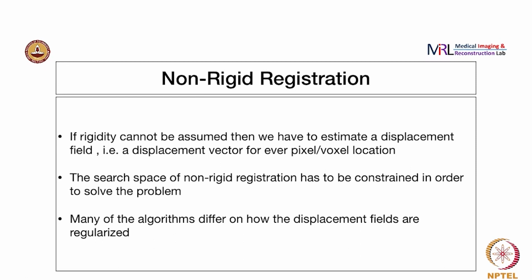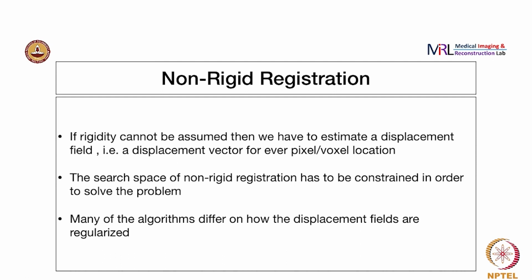So to limit the search space and make it doable, you typically have a constraint or a regularization imposed on the deformation field or the displacement field. A lot of the algorithms differ on how the displacement fields are regularized, and in some cases even how the displacement fields are estimated. So we are actually going to look at two different algorithms which estimate the deformation field slightly differently.